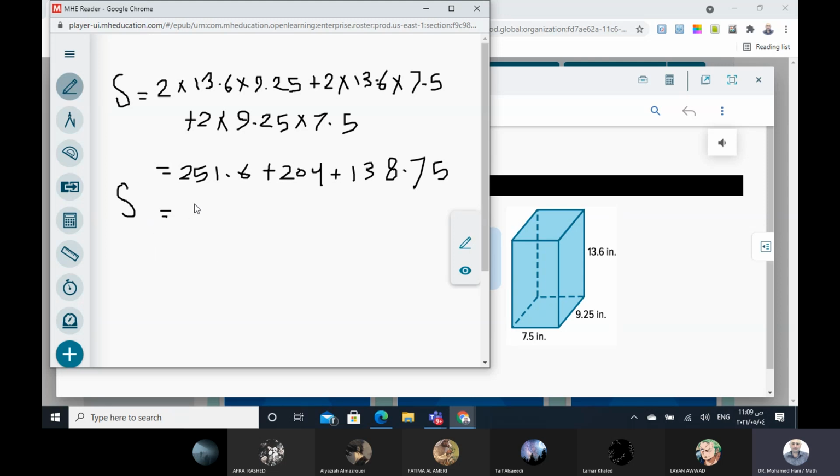The total will be 594.35. Who has any question here? No questions. And the unit will be inches squared.